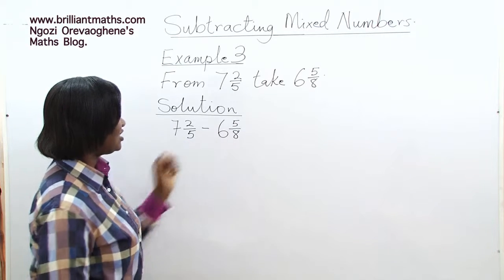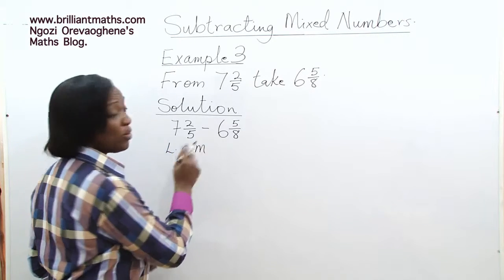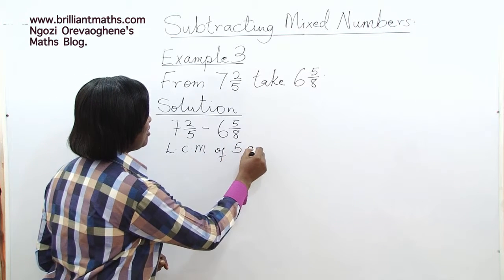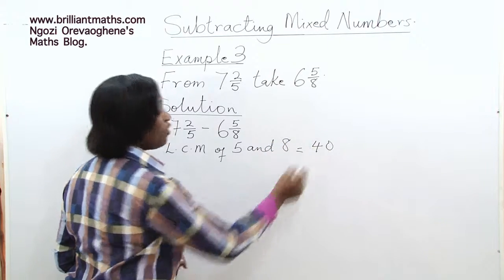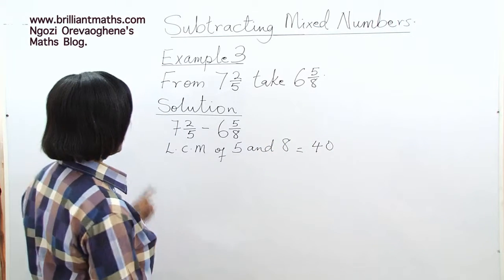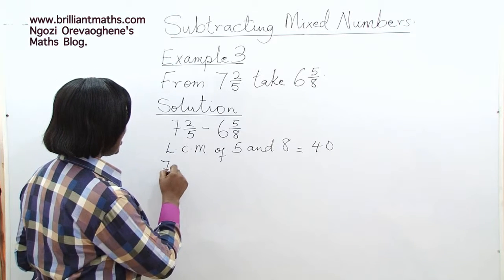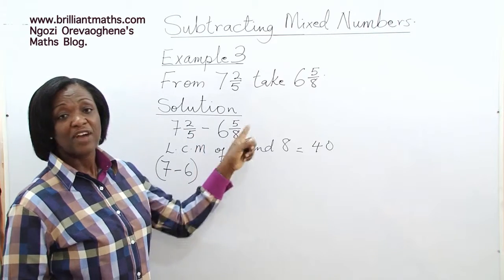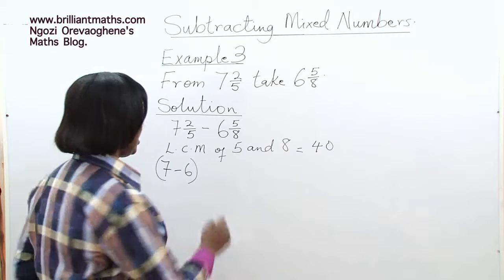LCM of 5 and 8. LCM, lowest common multiple, of 5 and 8, and that is equal to 40. The next step, 7 take away 6, and then we write 2/5 and 5/8 as fractions with the denominator of 40.